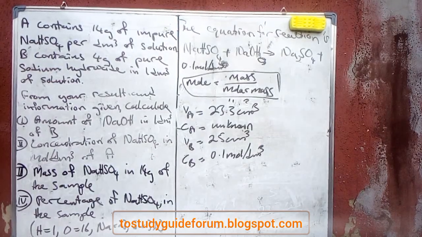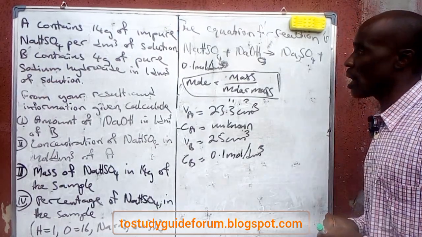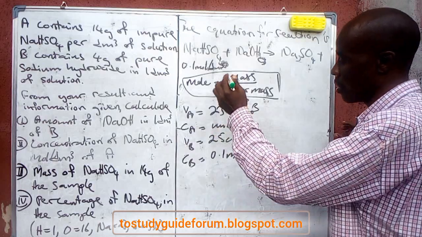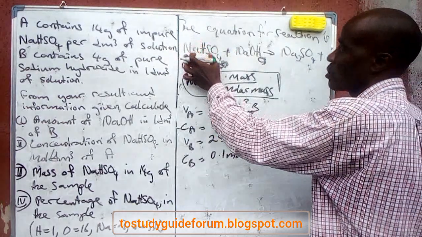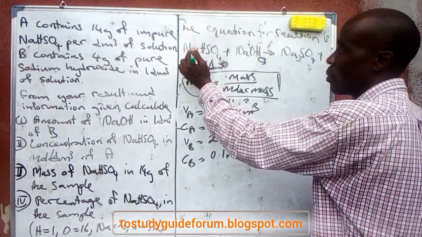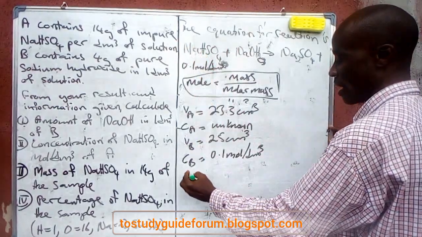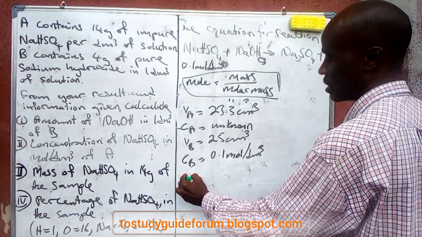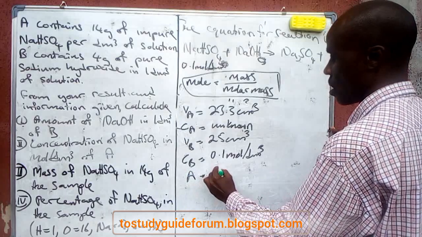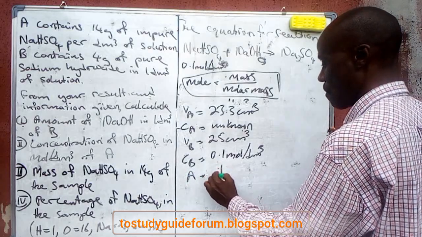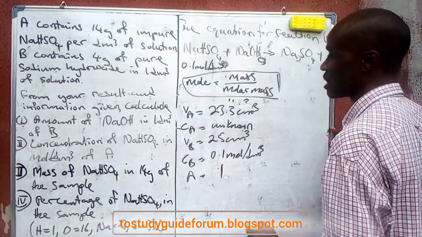So with the information we have already, the next thing we are going to do is to get the mole ratio. The mole ratio of this reaction, because we have sodium, we don't have any number here. So the mole ratio of sodium hydrogen tetrasulfate 6, that is the A, is 1 mole. That's the mole ratio.